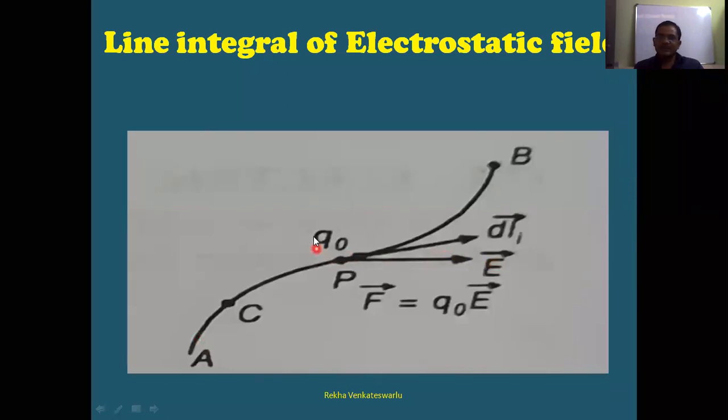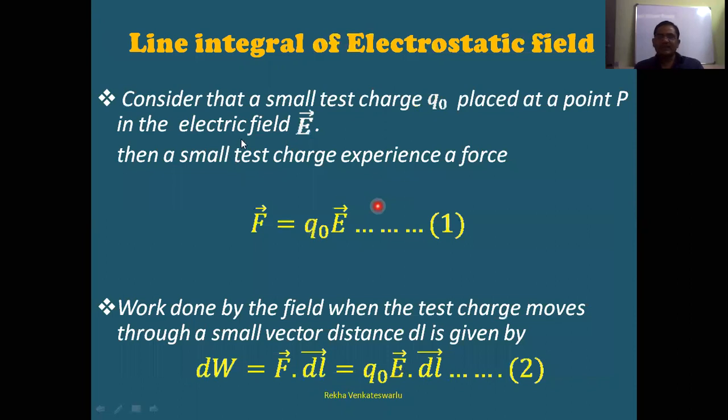Then the force experienced by this test charge is F bar equal to Q naught into E bar. That force will be along the direction of E bar. Keep this concept in your mind. The test charge experiences the force F bar equal to Q naught into E bar.